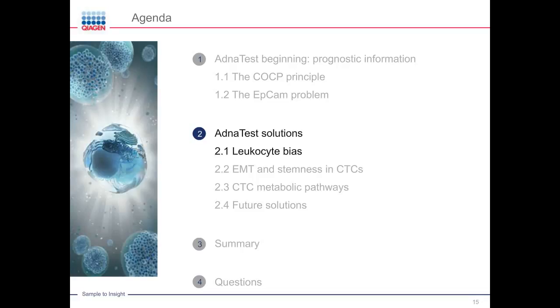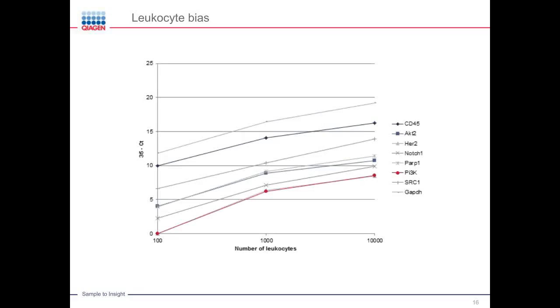How could we circumvent that probably? This is only to illustrate a little bit. This is a leukocyte spiking experiment that I can show you here, where you really can see for a certain number of genes that might be of interest in CTC research, like AKT2, Notch, PAR, PI3K as EMT markers, but also interesting genes like HER2 and SRC1 that has probably one day a kind of a therapy-related meaning.